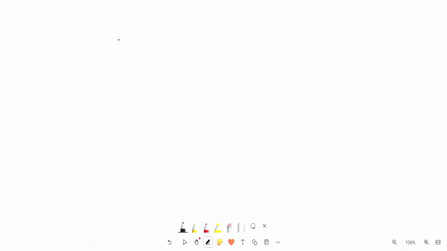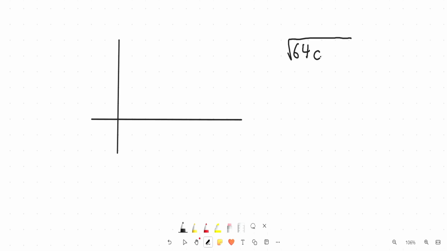So similar to that, you start by drawing something like this, and then you write the number to be square rooted. Like in this case, we want to find the root of 64009.